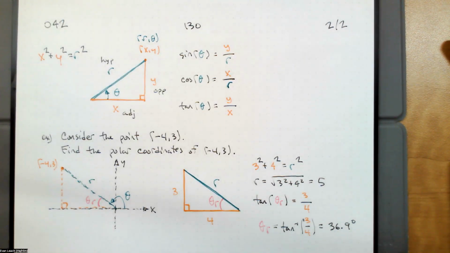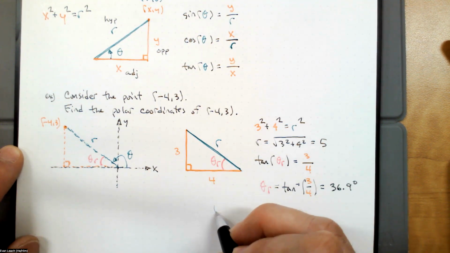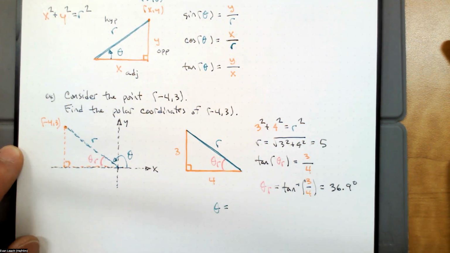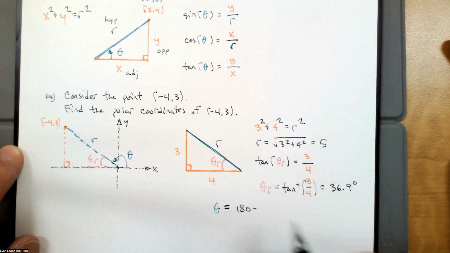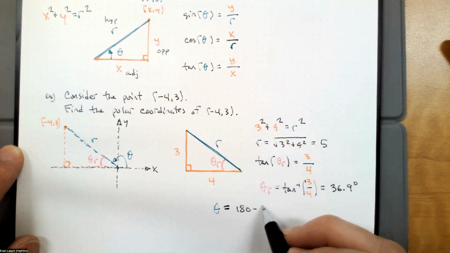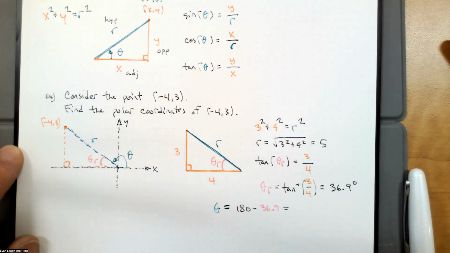But this 36.9 degrees is a reference angle in the second quadrant. If we have a 36.9 degree reference angle in the second quadrant, what's the rest of it? What's theta equal to? How do we figure it out? 180 minus the 36.9 degree reference angle, because we're in the second quadrant.